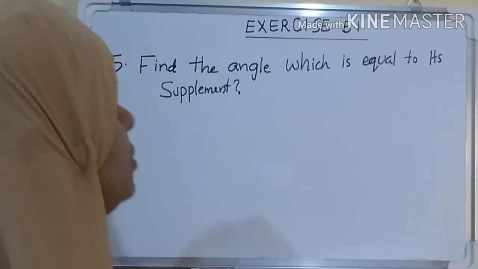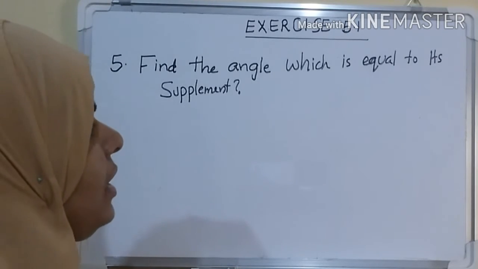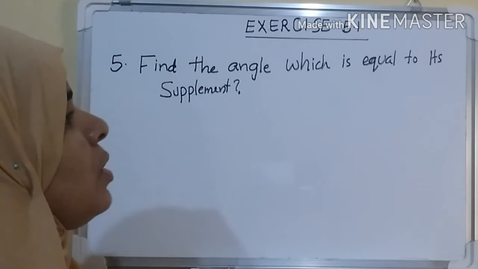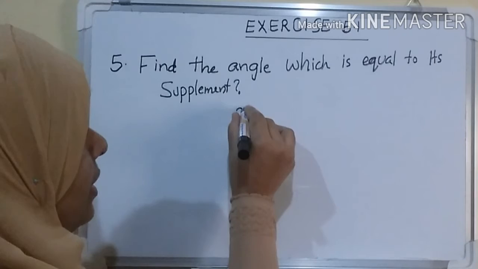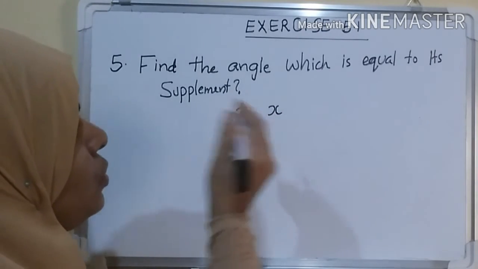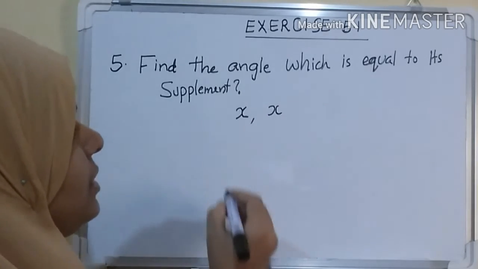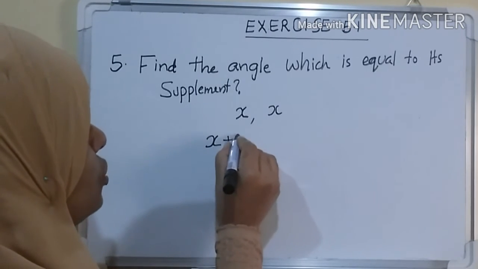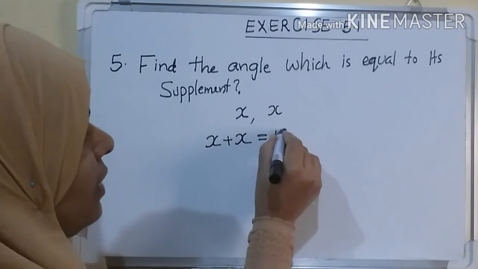Okay. So let us go to our fifth question. Find the angle which is equal to its supplement. Okay. Here we have to find the supplementary angles that are equal. So let us take one angle as x. Then the next one is also x, because the two supplementary angles are equal. That is the information given by the question. So the sum of two supplementary angles equal to 180 degrees.